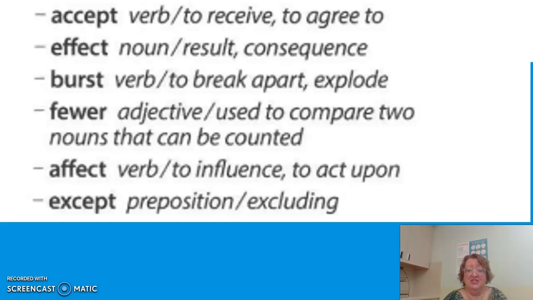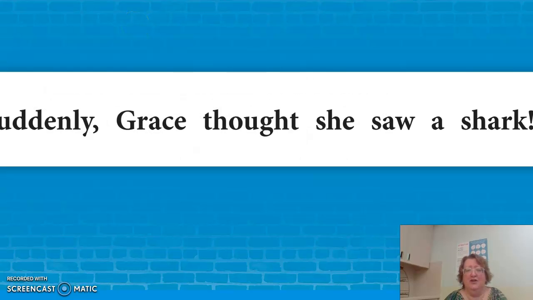Practicing your prepositions will affect your quiz grade. So remembering what those words mean and what part of speech they are will help you to use them correctly in a sentence.